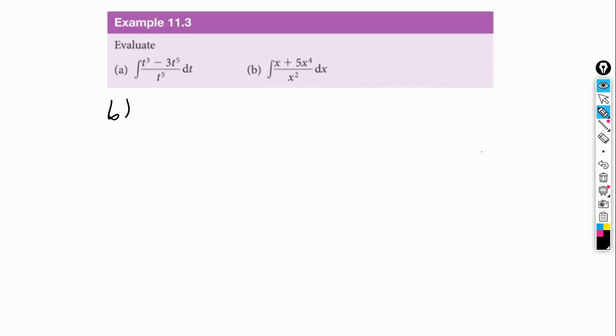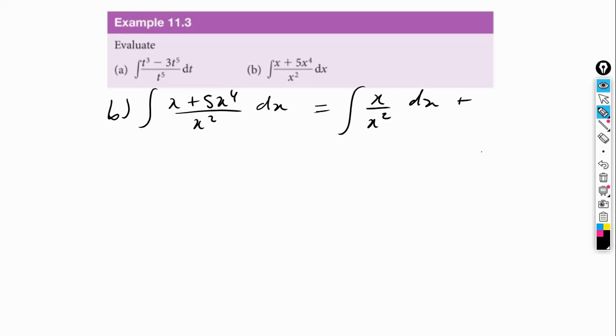So now let's do b. For b, we have to evaluate the integral of x plus 5x to the 4 over x squared dx. Notice that this is very similar to the previous case because we can separate this into the integral of x over x squared dx plus the integral of 5x to the 4 over x squared dx.